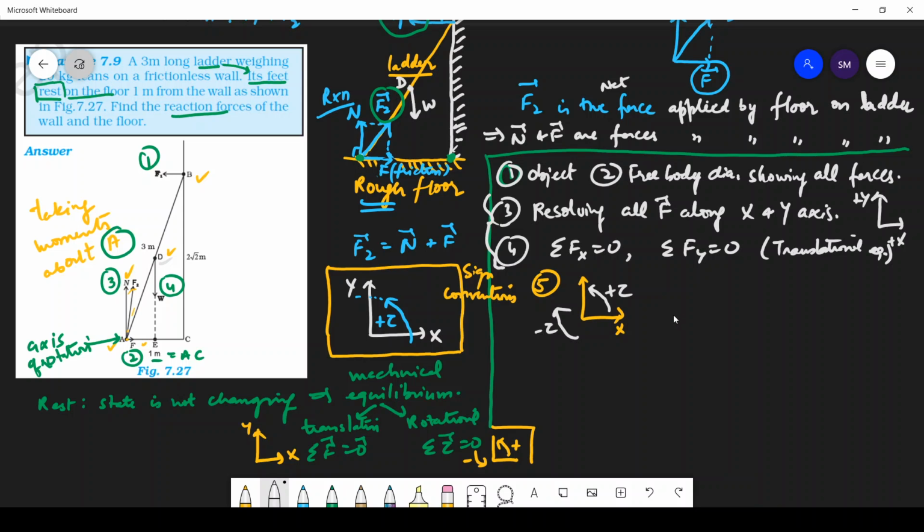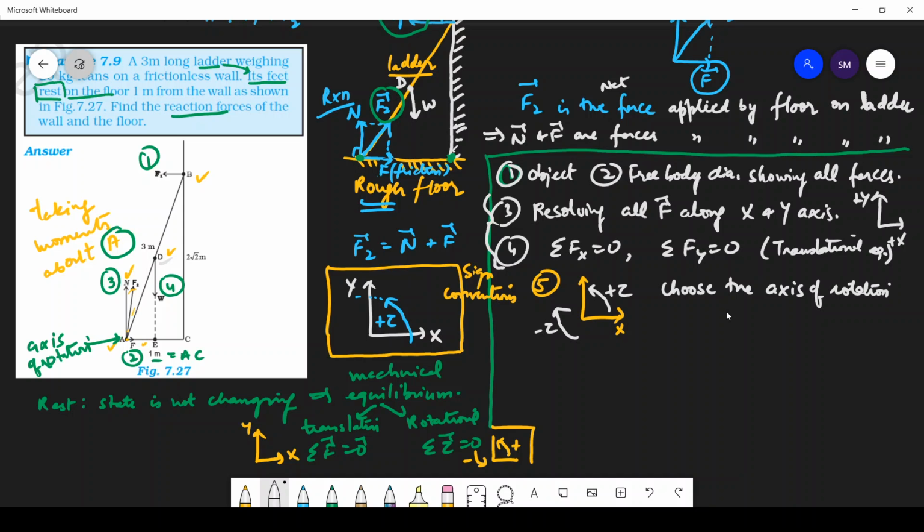Next thing is that you need to identify the point where the external forces act on the object, and then we have to calculate the torques produced about the chosen axis. So you have to choose the axis of rotation.